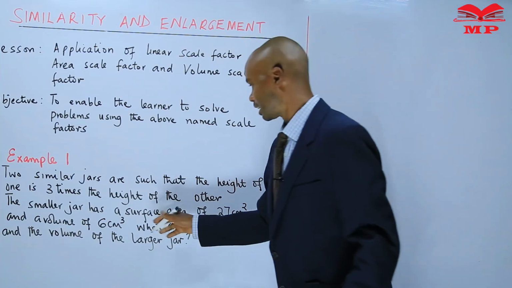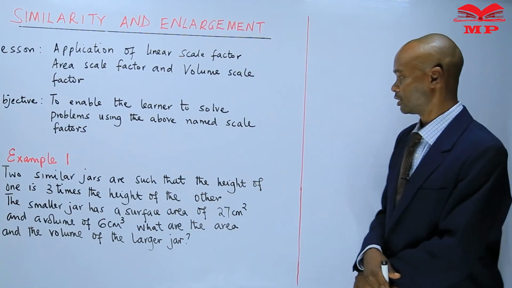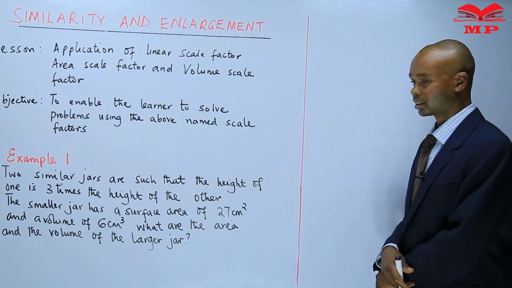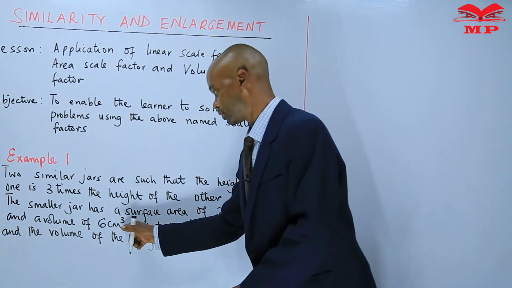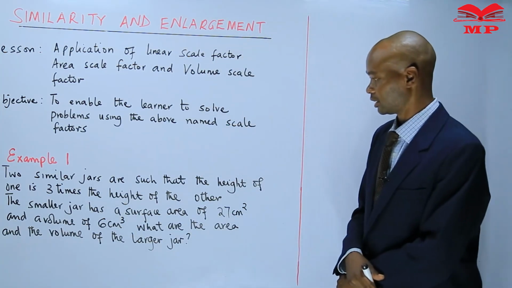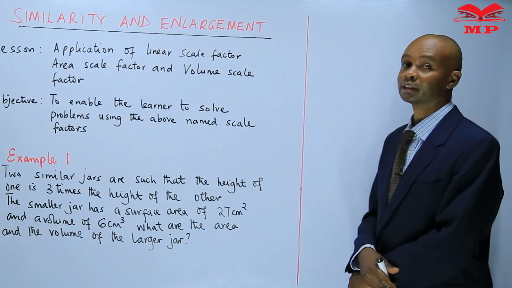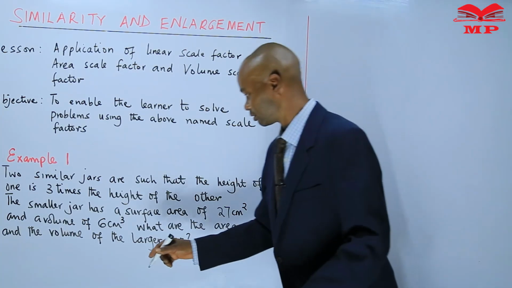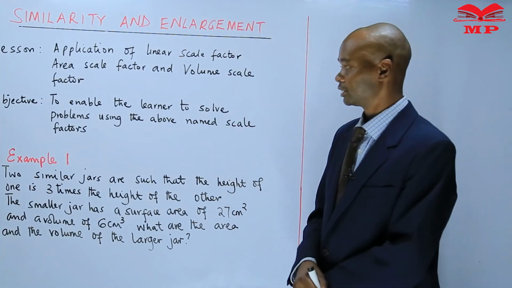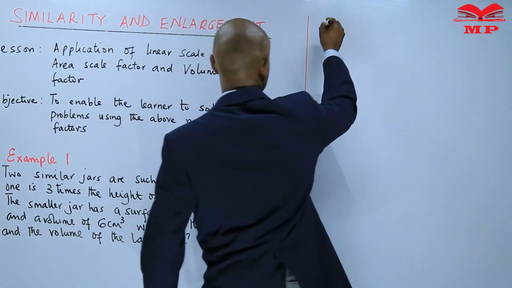The smaller jar has a surface area of 27 centimeters squared and a volume of 6 cubic centimeters. What are the area and the volume of the larger jar? So we come to the solution.